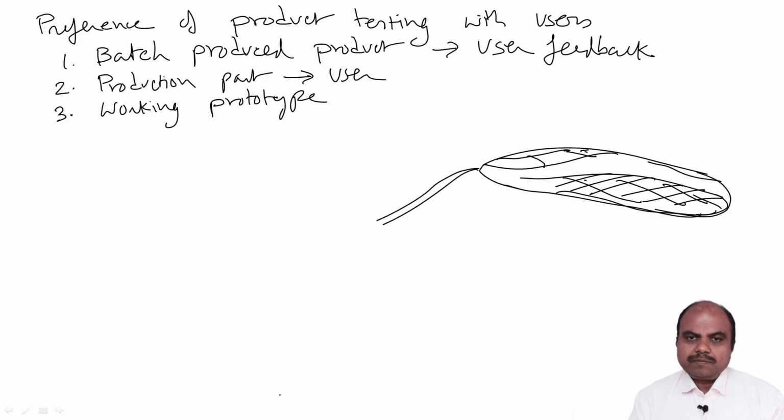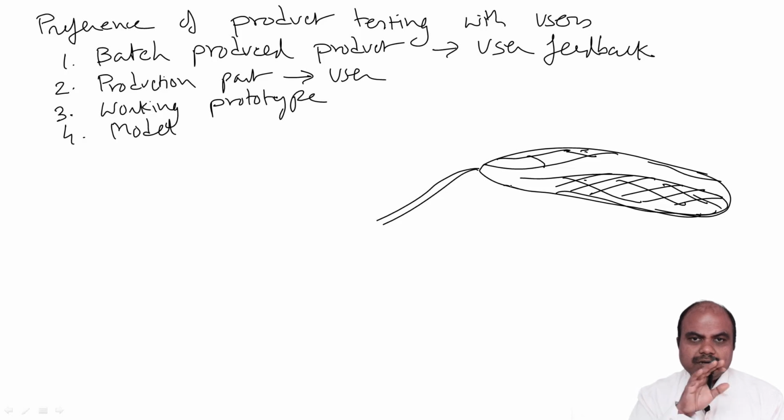So sometimes it is not possible. Even then, the next, a little bit less preferred compared to others, is the model. A model is, take for example, the mouse. Here the previous one, the production part, is actually using the mouse.